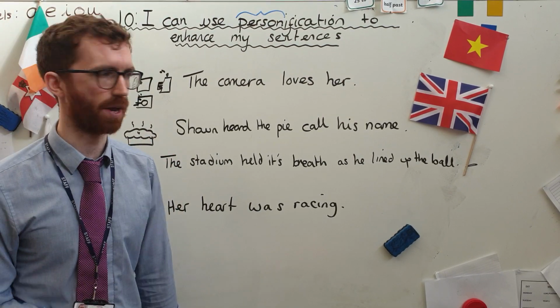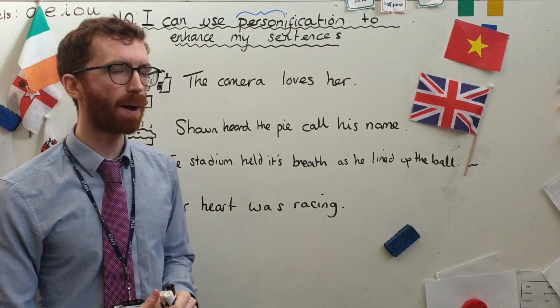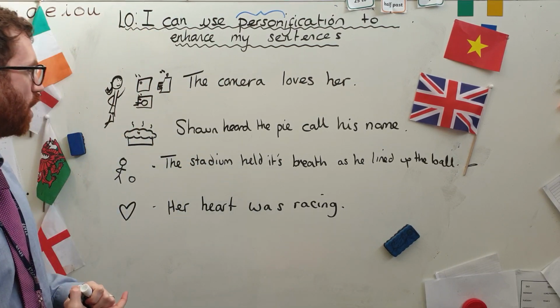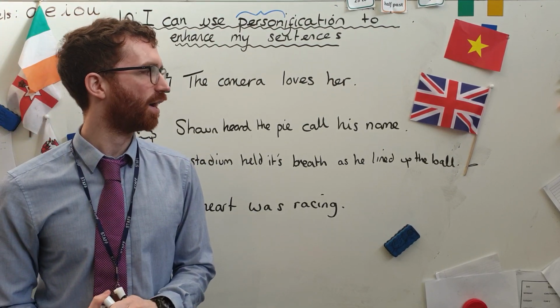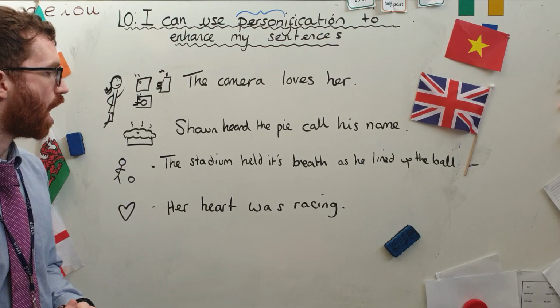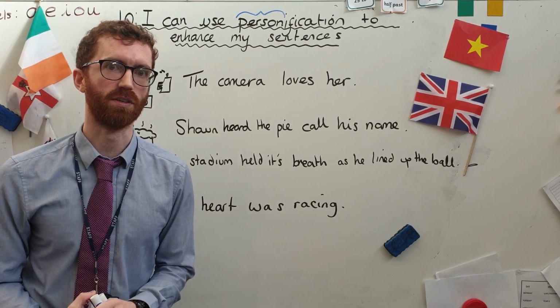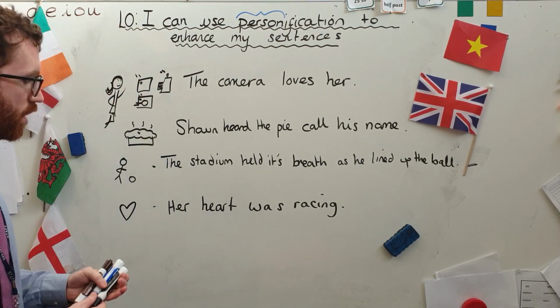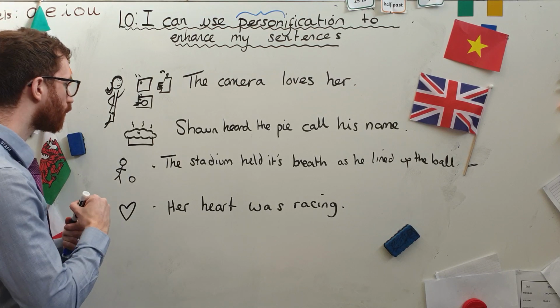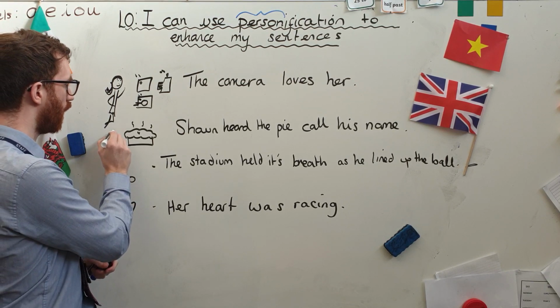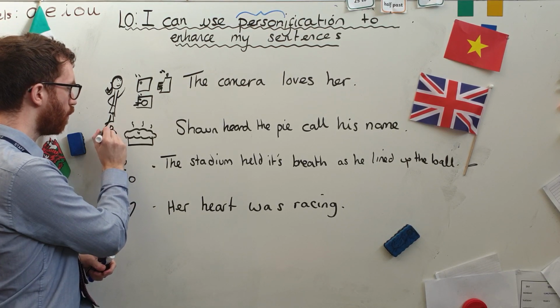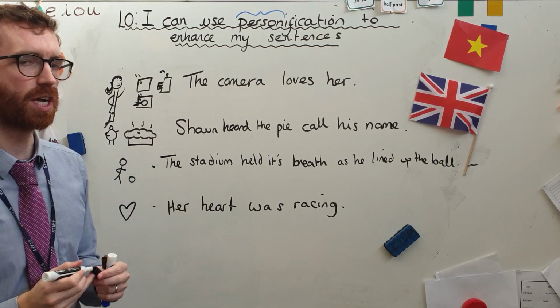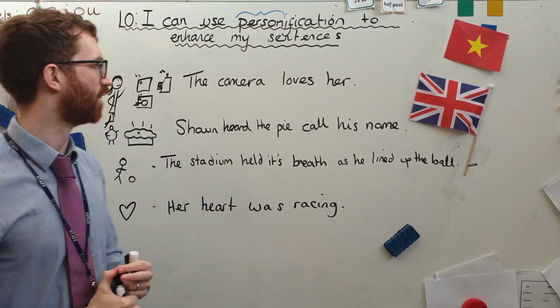The camera loves her. Sean heard the pie calling his name. The stadium held its breath as he lined up the ball. Her heart was racing. Okay? Now, these 4 sentences, what I'd like you to do is think about what is the personification in each of these sentences.